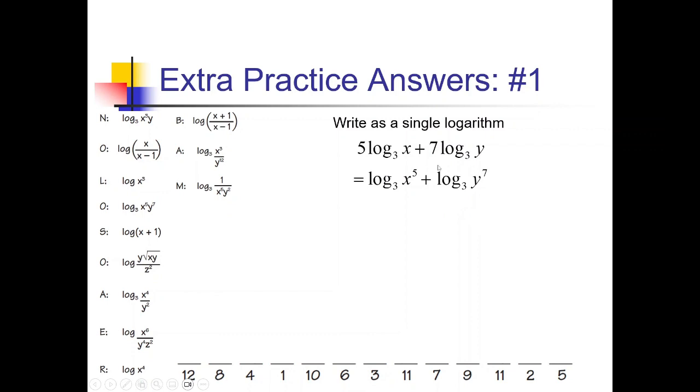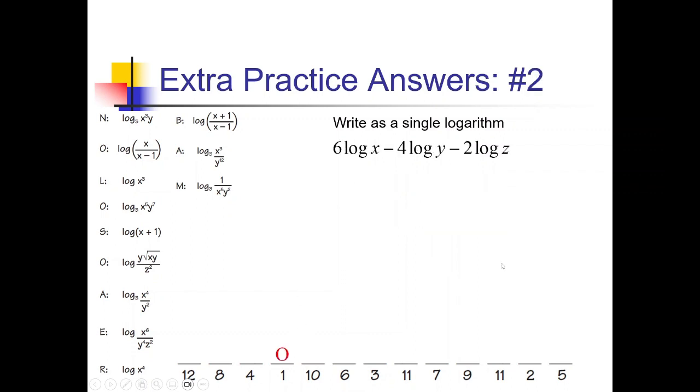Next, if I have addition of logs like I have here, I can multiply the things inside of them and turn it into one log. So this is going to be log base 3 of x to the 5th times y to the 7th. And I can match that up with this O right here, so I'm going to put an O in spot 1.